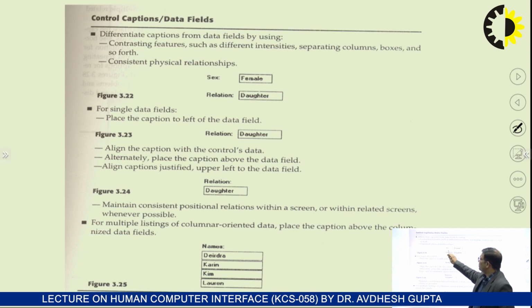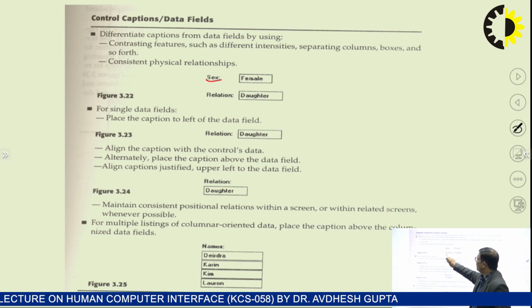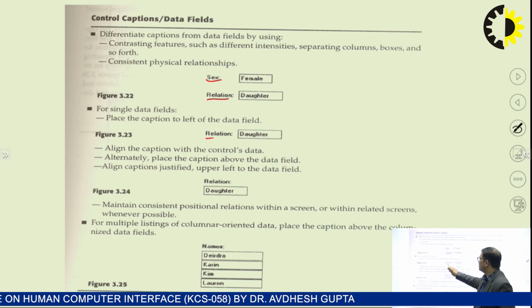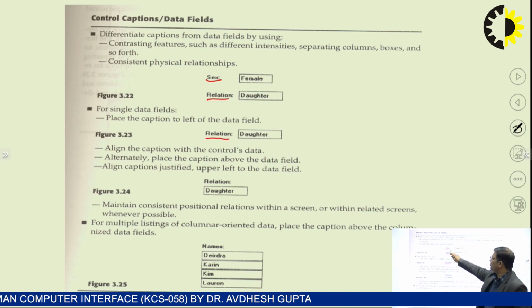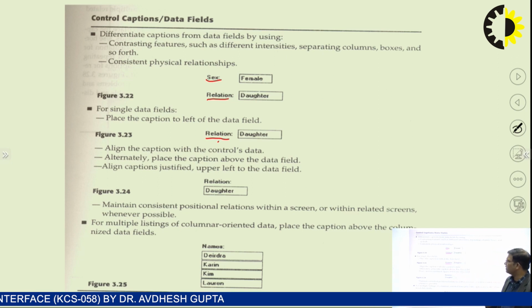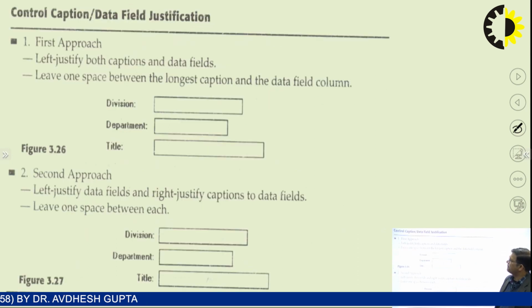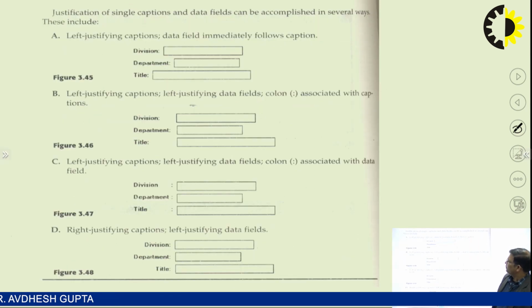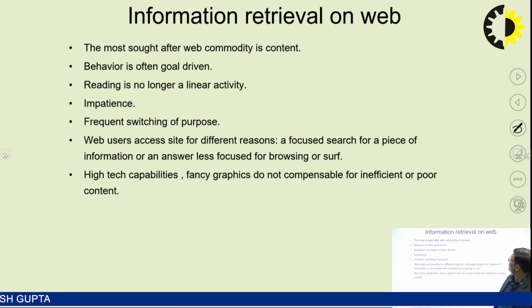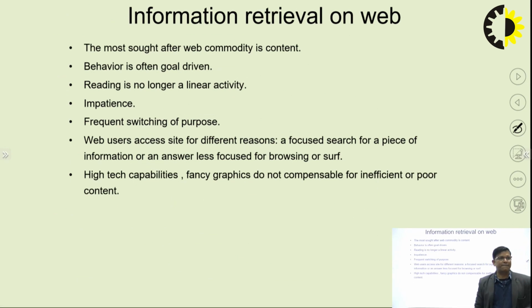We have to make sure that every field label is in readable form, and we can very easily find what we are being asked to enter in these text boxes. Then information retrieval on the web.